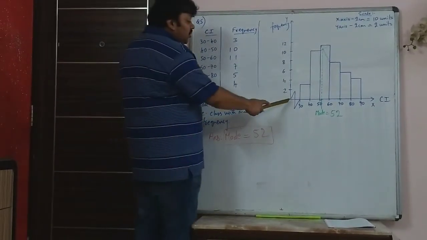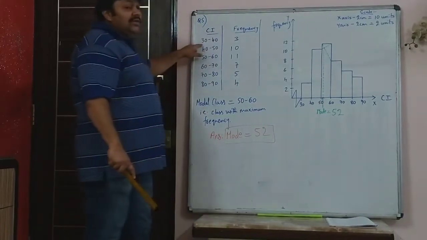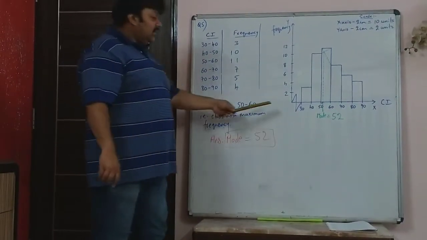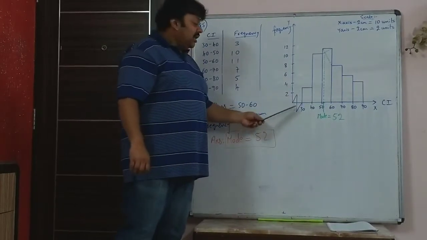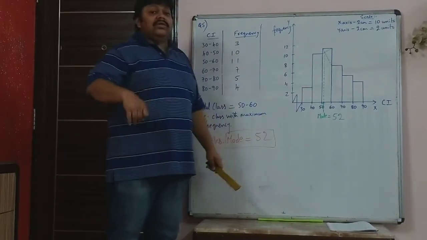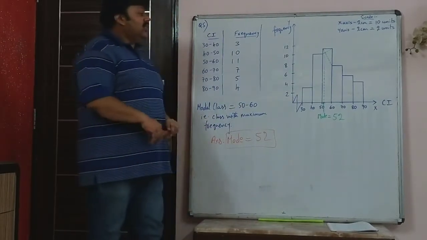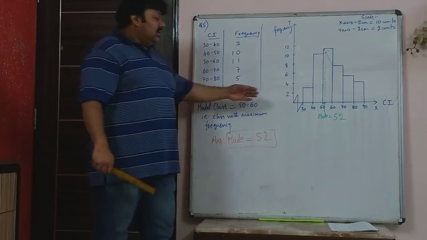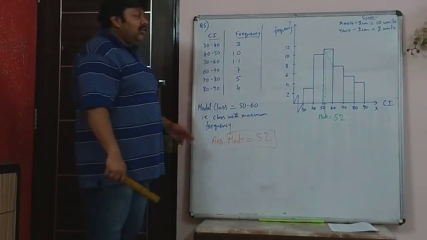The kink is shown from 0 to 30 because the first class starts from 30. What is the meaning of the kink? It means that this area of the graph is not as per the given scale. So ignore this area and start from 30, that is what it actually means.